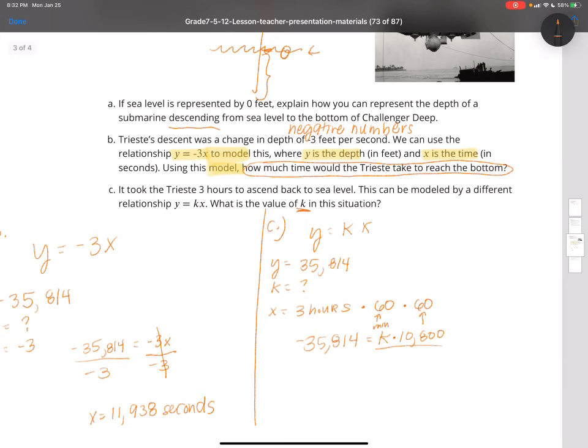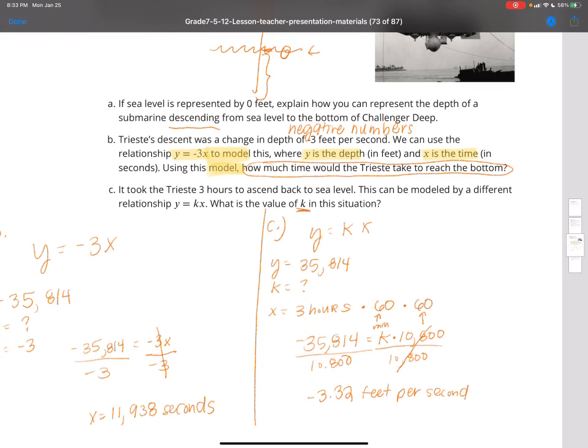I want to isolate that variable by dividing by 10,800. When I do that, I should get 3.3166 feet per second. K is represented by the constant of proportionality, and the constant of proportionality and unit rate are the same thing.